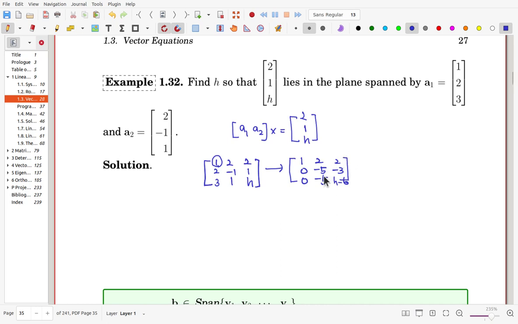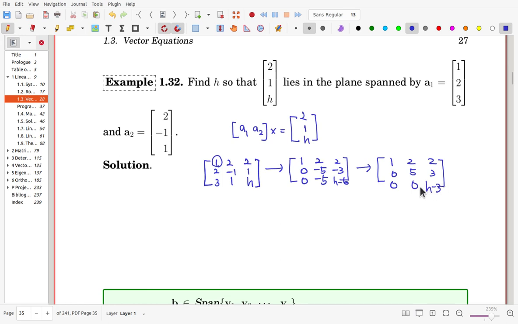Okay, let's try to eliminate from here. Then 1, 2, 2, and now 0. Let's multiply by minus 1, so 5 and now 3, and then subtracting, 0, and plus 3 is applied, so h minus 3, right?